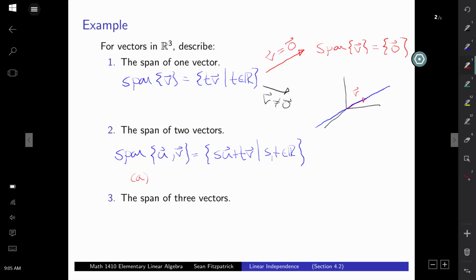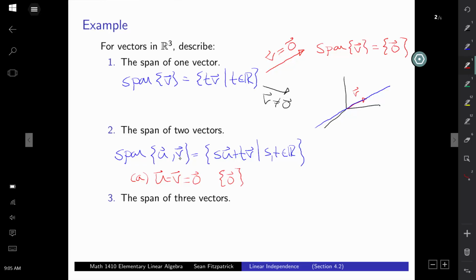Case one would be, if U and V are both equal to 0, that's not a very interesting case, but it's a possibility. Then I still get the set containing the zero vector and nothing else.